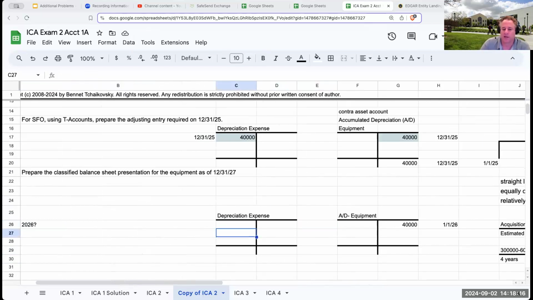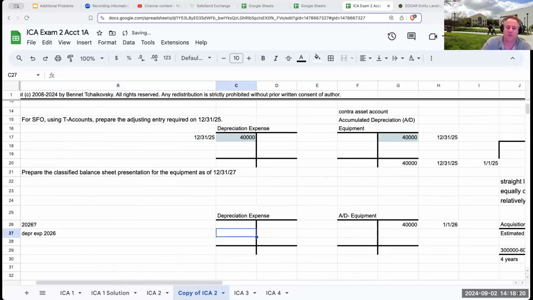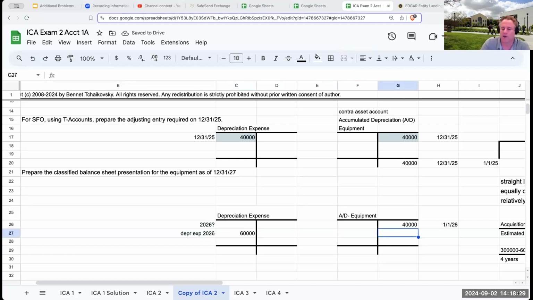So for 2026, I'm going to record 60,000. For every debit, I need a credit. I'm always going to credit accumulated depreciation on the equipment. So this is my depreciation expense for 2026. My ending balance in accumulated depreciation is going to be 100,000.